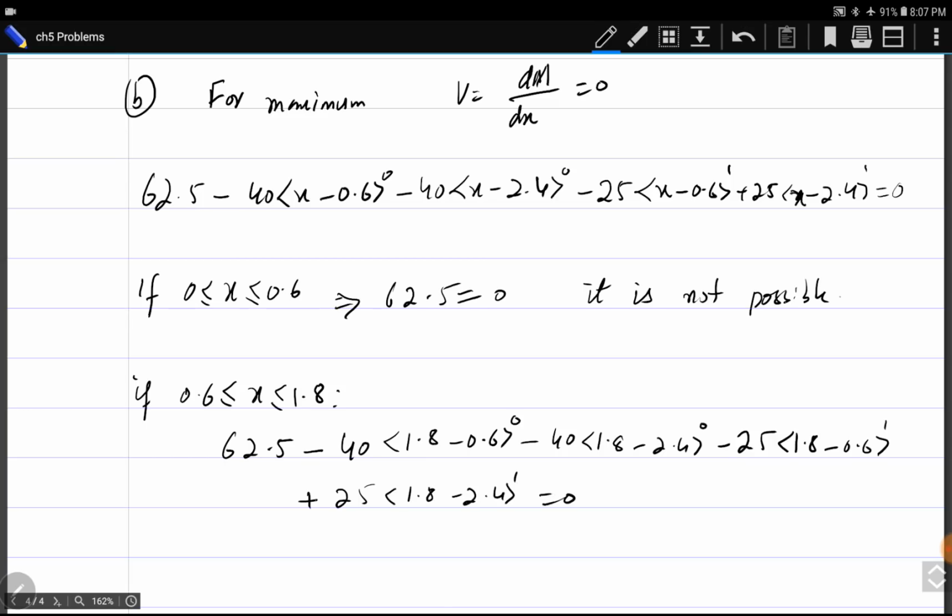Again, here are some terms where the number inside the singularity bracket will be negative. For example, 1.8 minus 2.4 is a negative number, so this term will be omitted.